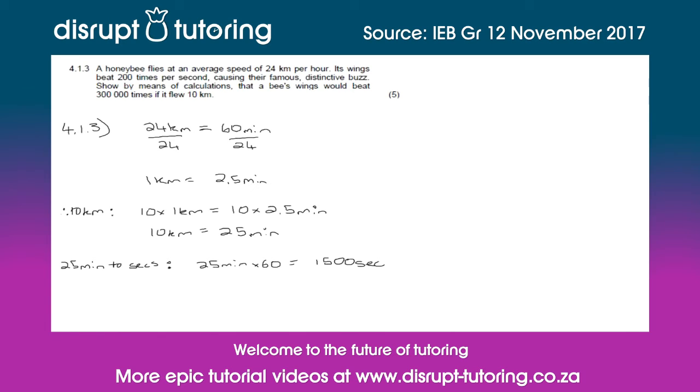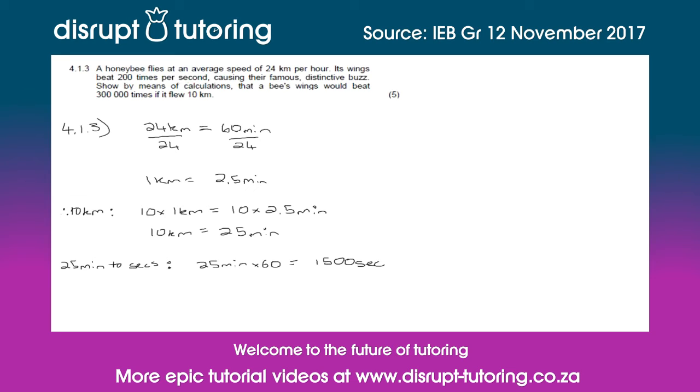So let's recap. To fly 10 kilometers, it's going to take the bee 1,500 seconds. And we know that the bee's wings beat 200 times per second.